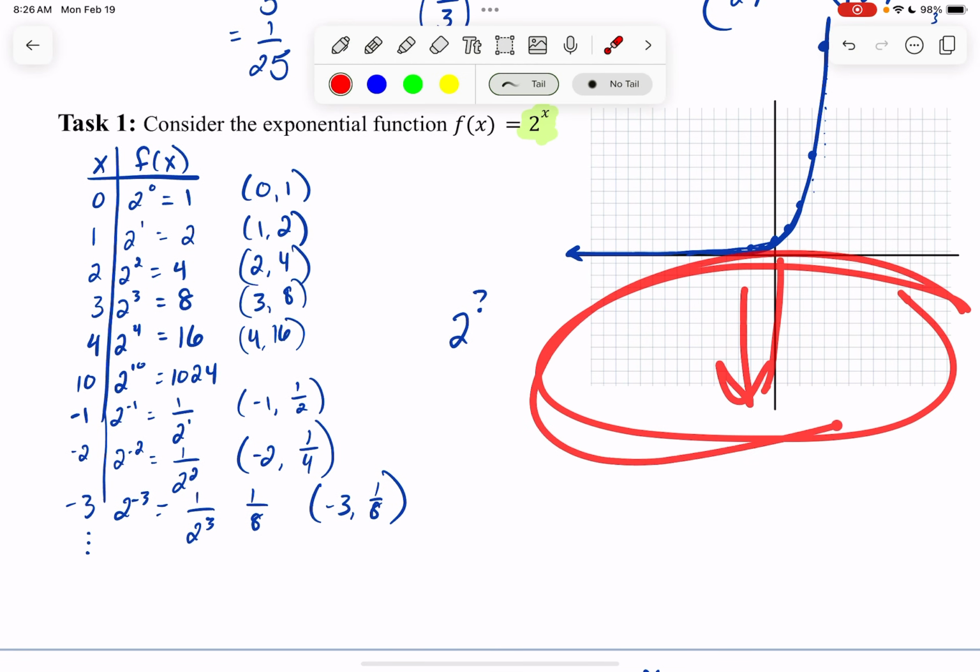So (3, 24). Now 3 times 2 to the fourth. 2 to the fourth is 16. 3 times 16 is 48. So (4, 48). Wow, a big 48 right here.